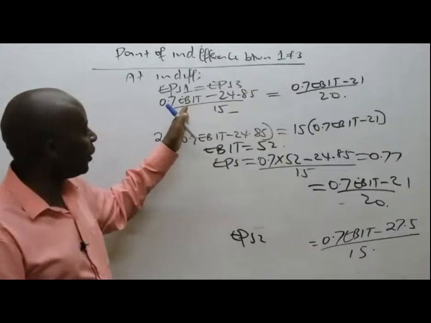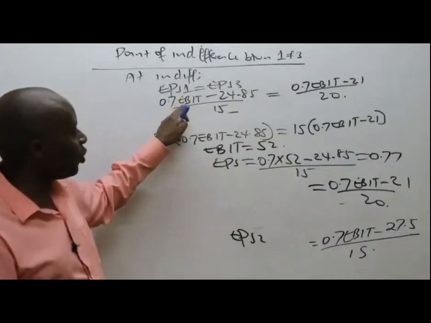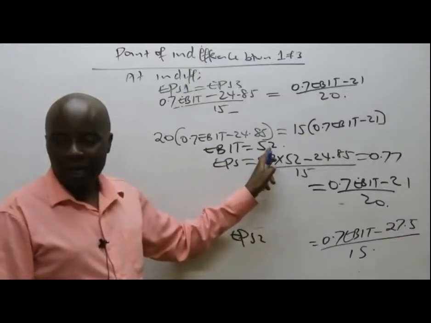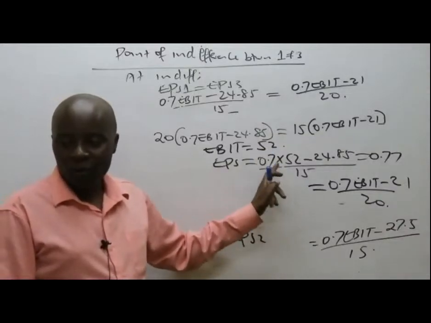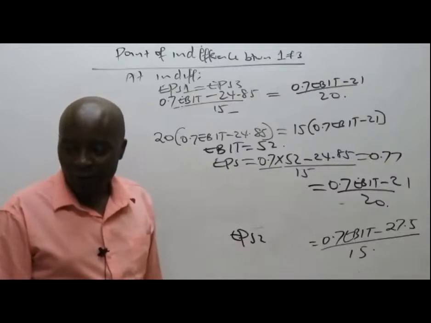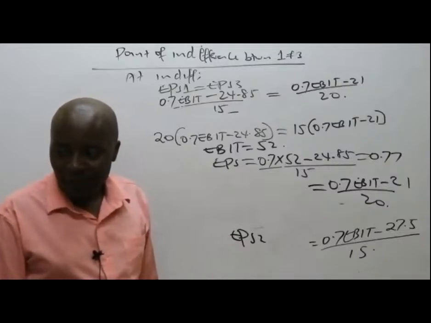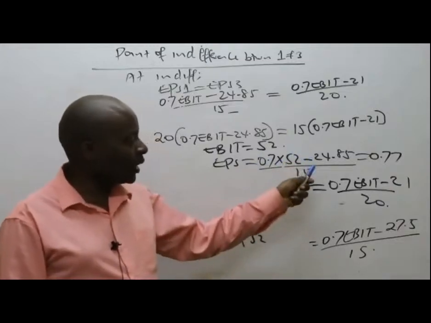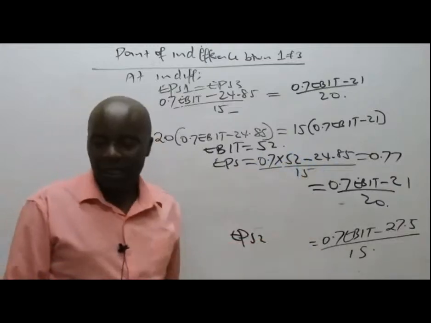You take any of the two EPS equations, and of course EBIT is 52. So once you put 0.7 times 52 minus 24.85 divided by 15, you will get that 0.77.